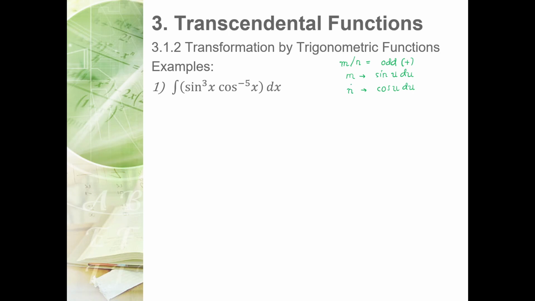Next, if m or n is odd, we substitute the corresponding Pythagorean equation: sine squared u is equal to 1 minus cosine squared u, and for the other one, cosine squared u is equal to 1 minus sine squared u.